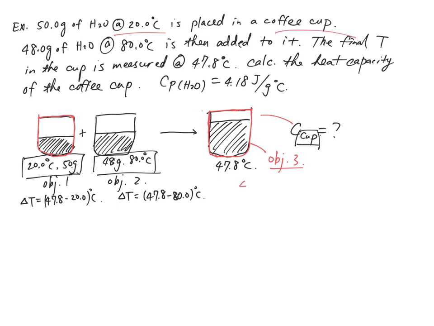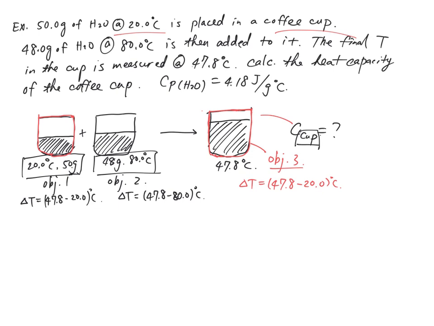So delta T of the cup is going to be the same: the final temperature is 47.8 for everybody. The initial temperature of the cup should be the same as the cold water because cold water was in it at the beginning. So each of these 3 things had a temperature change and absorbed or released heat during the process.